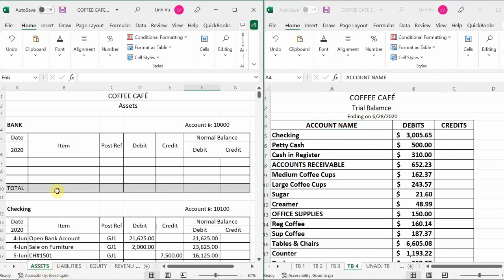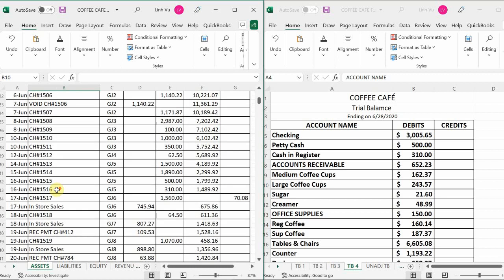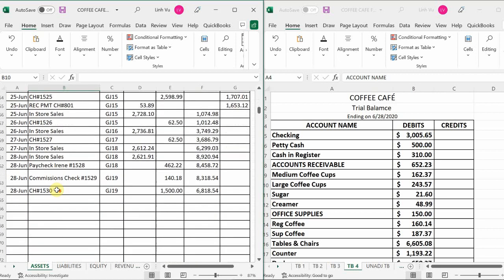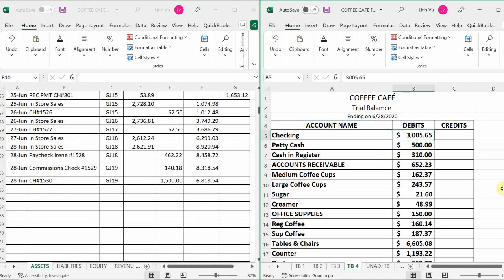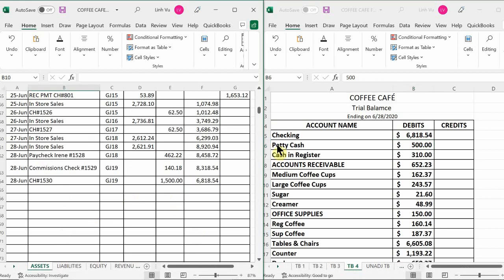Starting with our assets, we have checking. What's my new checking balance right now? Good. 681854. This is where transferring the information can also cause you imbalance.